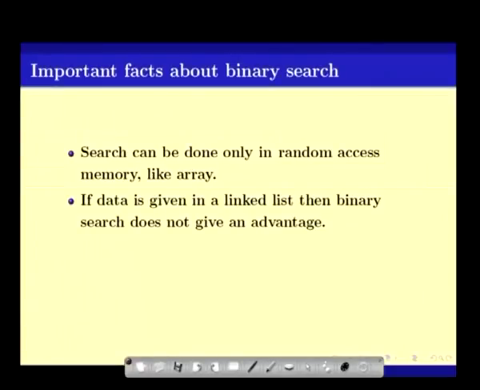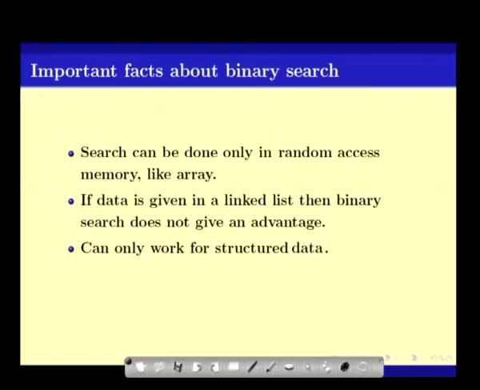So, that is not good. So, binary search does require the memory to be given as random access memory. If it is given in some other form, for example, a linked list where random access cannot be done, then binary search does not give an advantage at all. In fact, if you do the calculations, it will come out that binary search is worse than exhaustive search. It can only work in structured data.